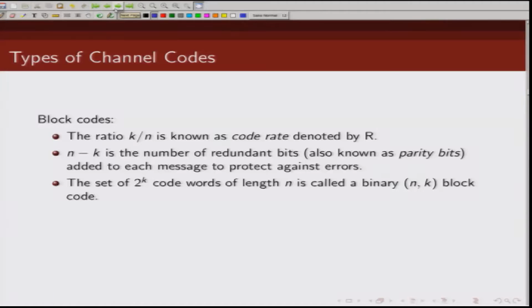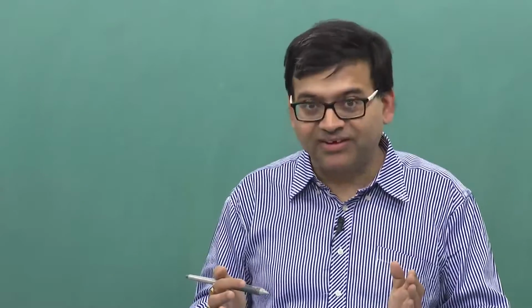Without loss of generality, in this set of lectures we will consider binary code words. So, our information sequence consists of zeros and ones. Similarly, our code sequence also consists of zeros and ones. Since we are considering a block of k bits and binary code words, the number of code words is 2 raised to power k.